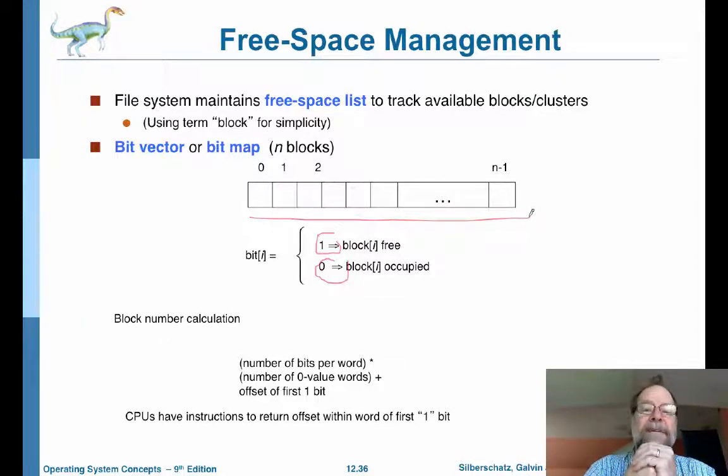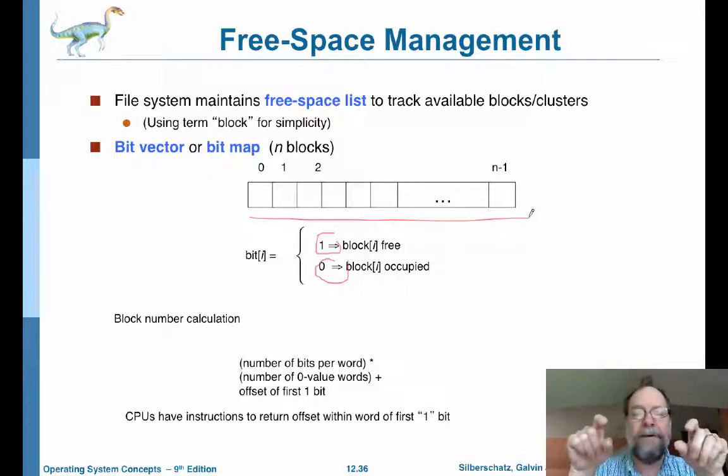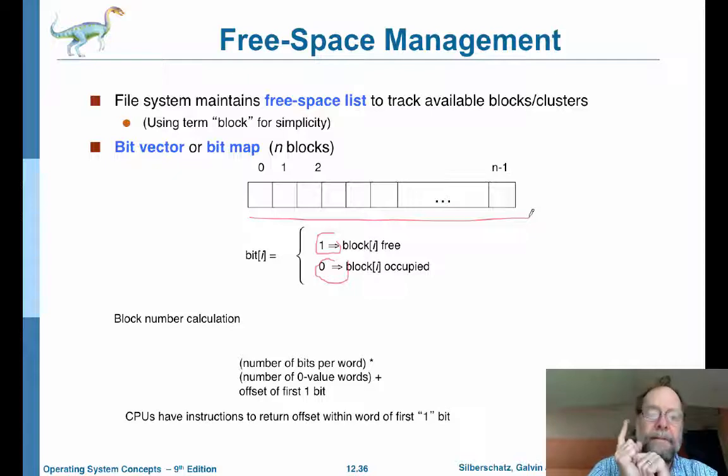So it's very easy for us to scan through the bit vector and find words that are not all zeros, that is, which have at least one free block represented in them. So you can pull that out. And then finding offsets within those is also typically very easy to do. Most machine code languages provide an operation to return an offset to the first non-zero value in a word. So it's fairly easy to use.